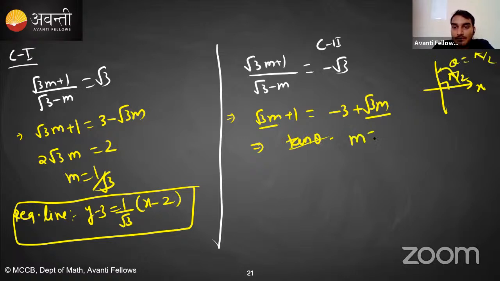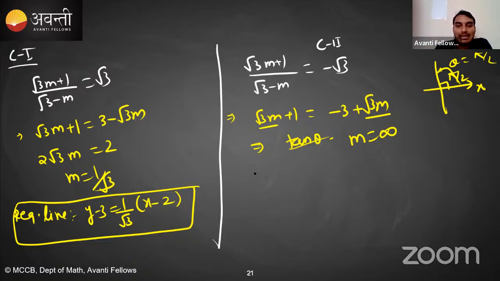So what will the slope be? Infinity. Many people get it wrong: they cancel out, get 1 equal to minus 3, which is wrong, and they just reject. No. It means the slope of the line is infinity. The line is making a pi by 2 angle with your positive x-axis.